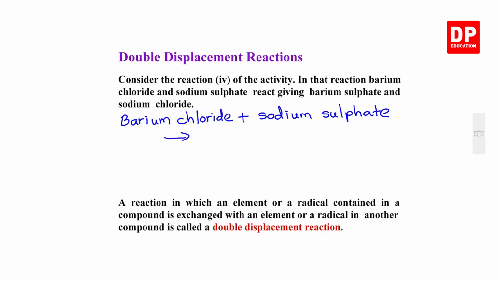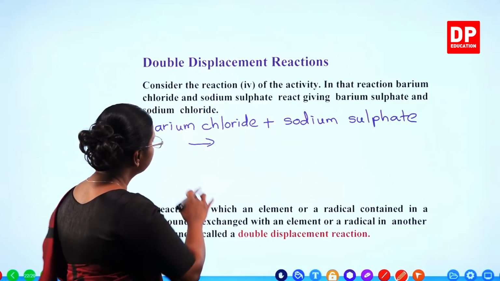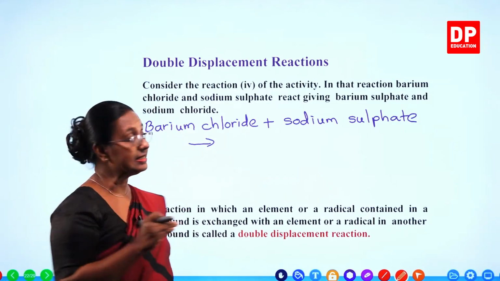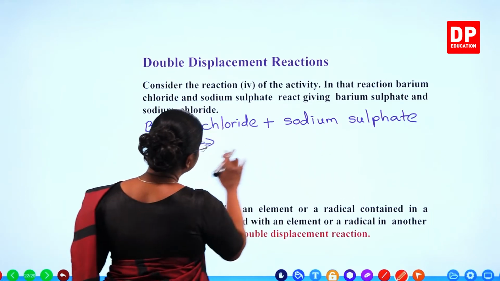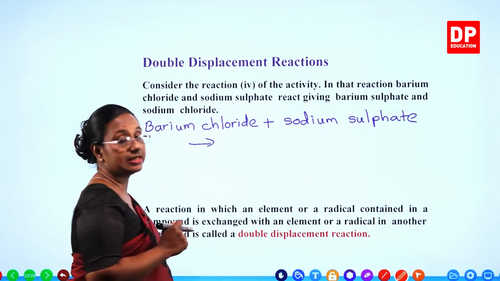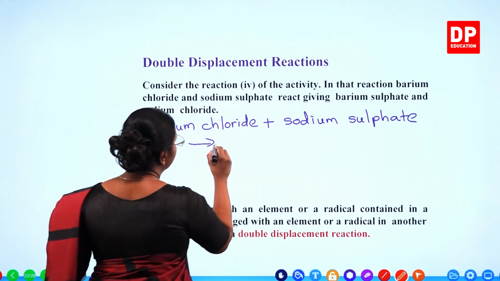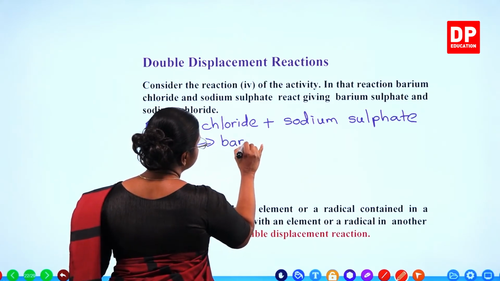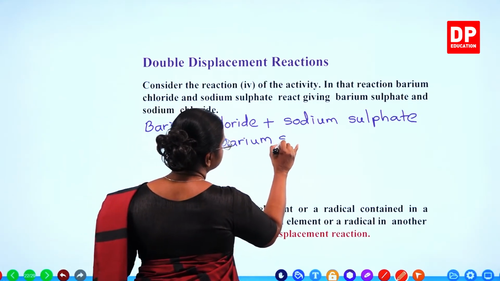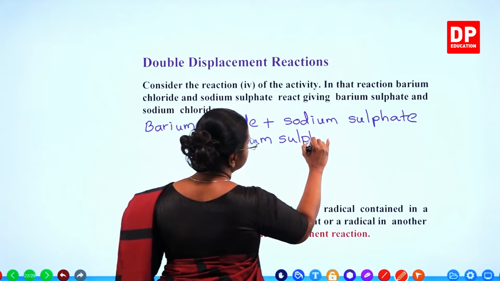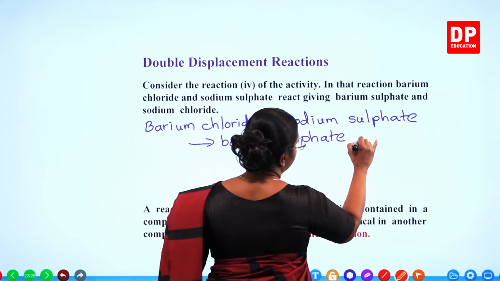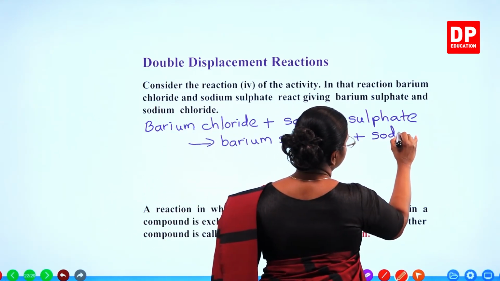Normally students we write the chemical equation in one line, but here I don't have enough space, so I'm writing it in two lines. But these are the reactants and after the arrow it is the products. So we will get barium sulfate and sodium chloride.